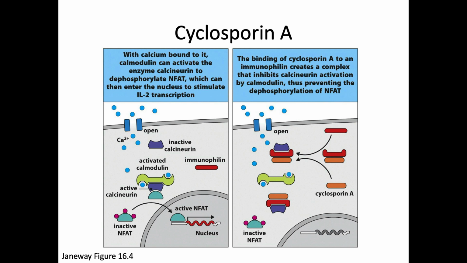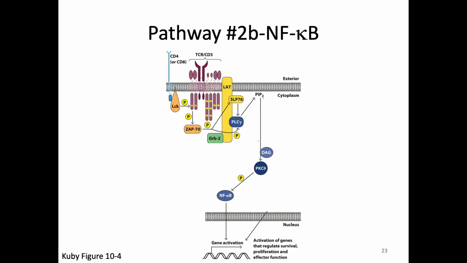We cut PIP2 into DAG and IP3, and then we follow IP3's life, and we left poor DAG alone. So what I will just tell you is that DAG turns on its own other signaling pathway that I'm not going to go through in great detail. But DAG eventually turns on our final transcription factor, NF-kappa B.